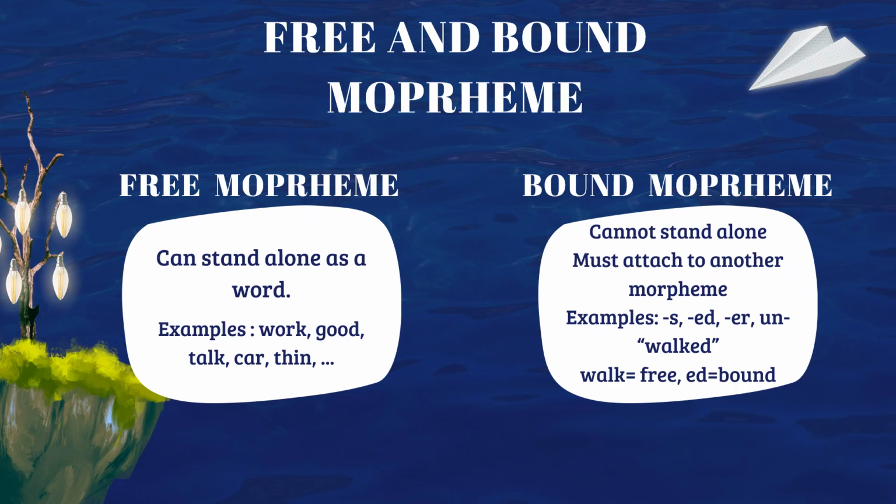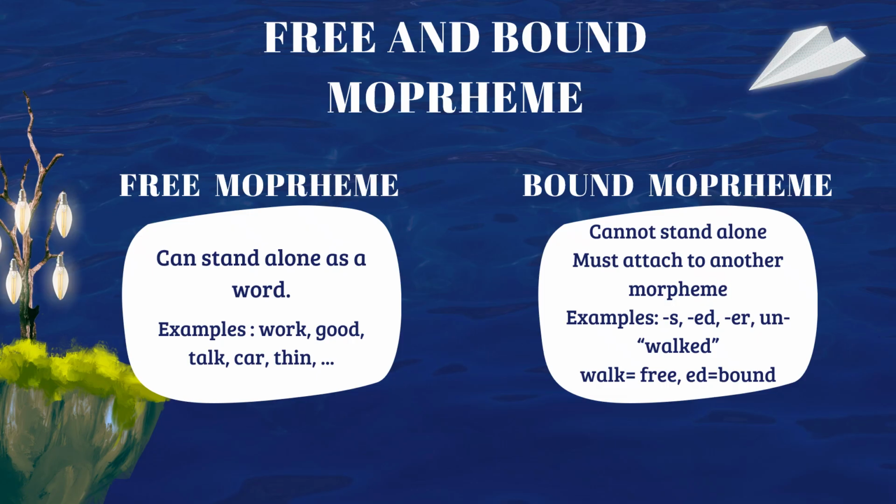For example, endings like s, ed, er, and on. You can't just say er or ed alone, right? You have to attach them to a word, like the word walk. Walk is the free morpheme and ed is the bound morpheme.